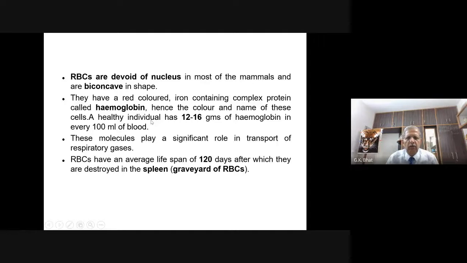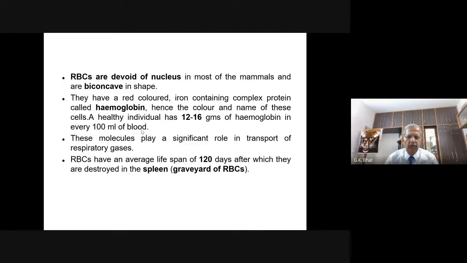In our blood, generally, in a healthy individual, we come across 12 to 16 grams of hemoglobin in every 100 ml of blood. 12 to 16 grams of hemoglobin in a healthy adult man. Generally, around 2 grams of this hemoglobin percent is less in a woman.